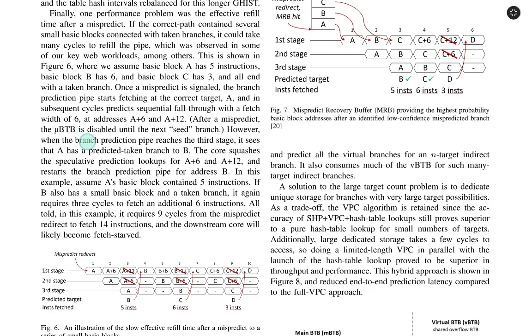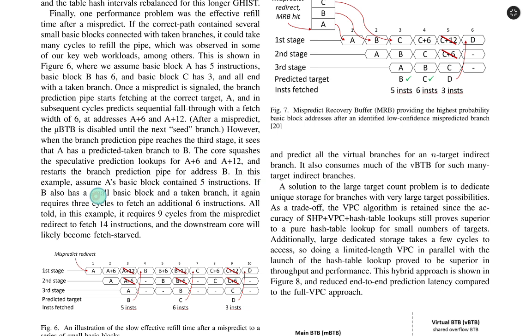However, when the branch prediction pipe reaches the third stage, it says that A has a predicted taken-branch target to B, which results in speculative prediction lookups for A plus 6 and A plus 12 being discarded, and restarts the branch prediction pipe for address B. In this example, assume the A basic block contains 5 instructions.